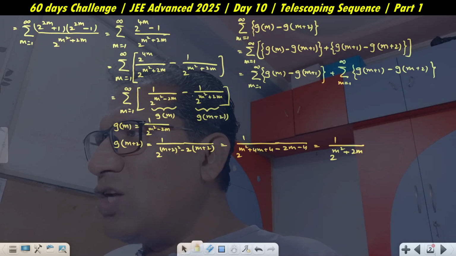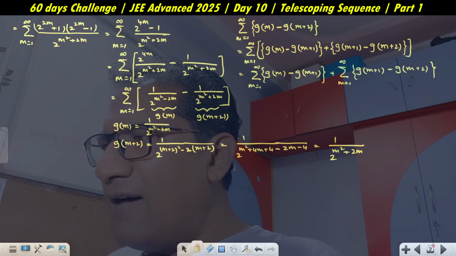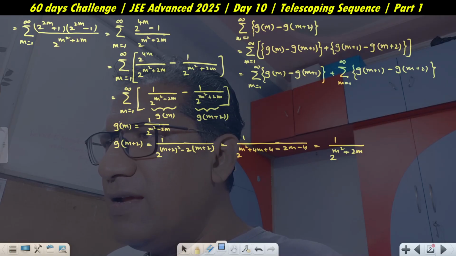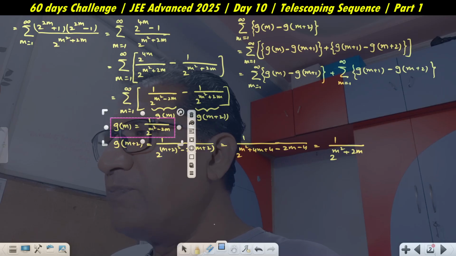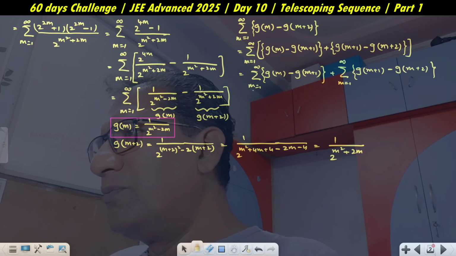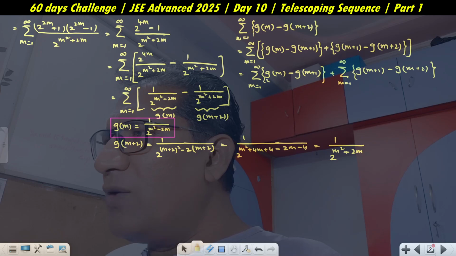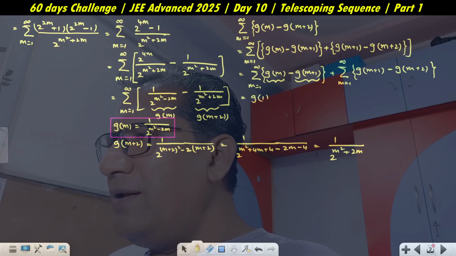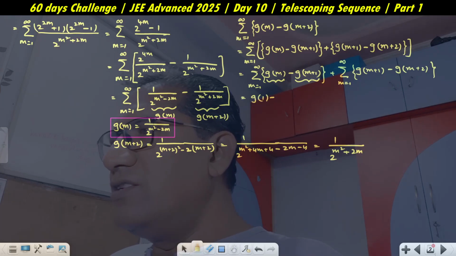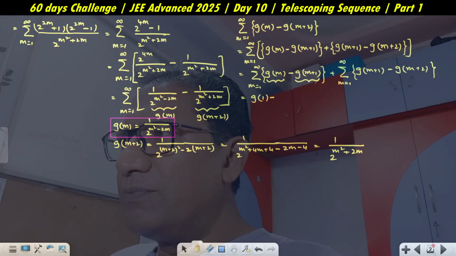Now see one thing. Here, what is your Gm? I've already written it here. Gm is basically this one. Now this one is the lower limit and this one is the higher limit. So in place of m, I will simply write G1 minus G of m plus 1.